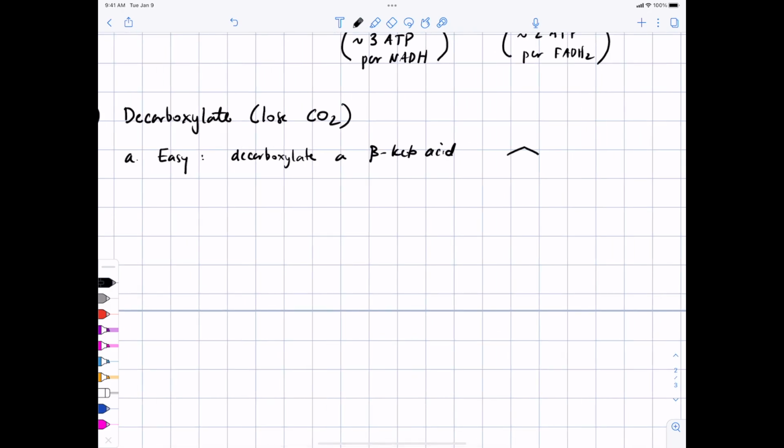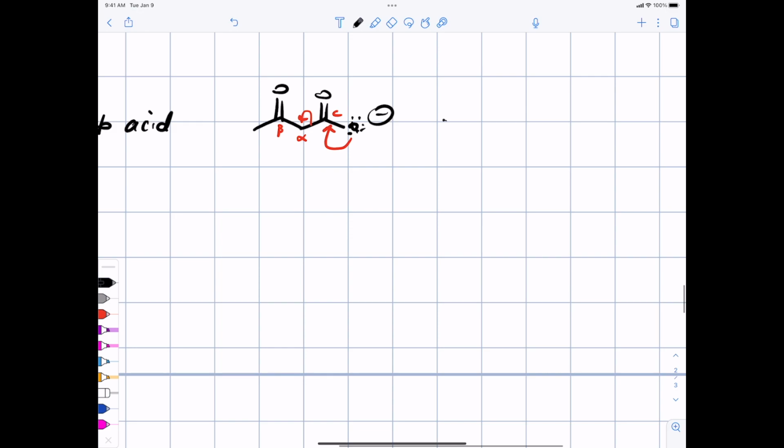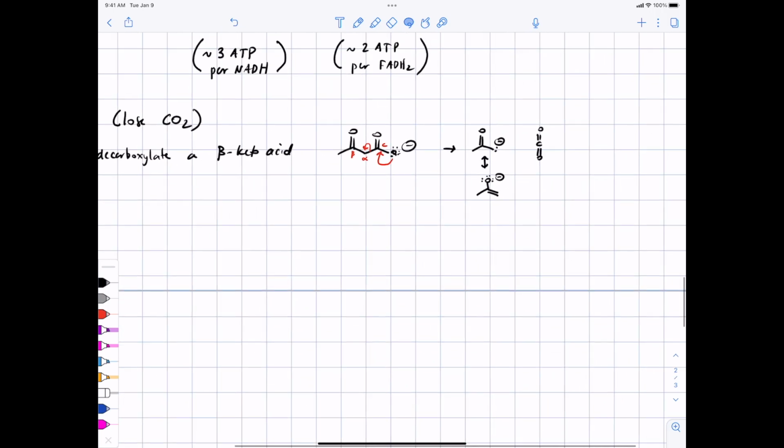So this is what we've talked about before, how if you have a beta keto carboxylate group, you automatically have something that can accept the electrons once CO2 leaves. That is, your alpha carbon is adjacent to a ketone such that once CO2 is gone, you're left with some kind of resonance stabilized enolate-like molecule. All right, we've been doing that for a long time.